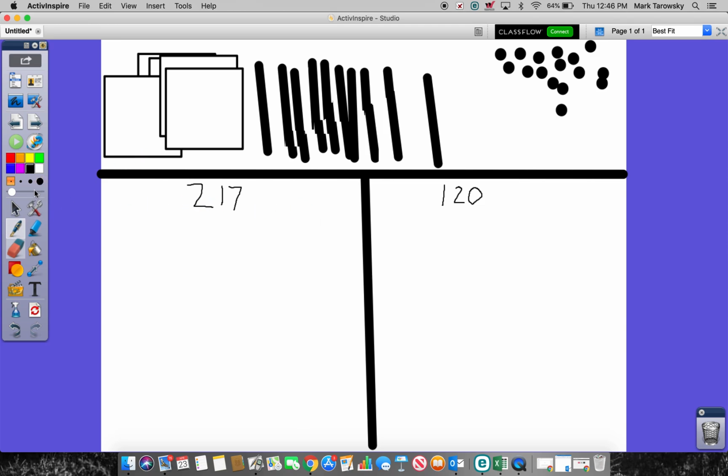Go ahead with your pencil and build those. Pause the video and draw it out with your squares for 100, your lines for 10, and your dots for 1.